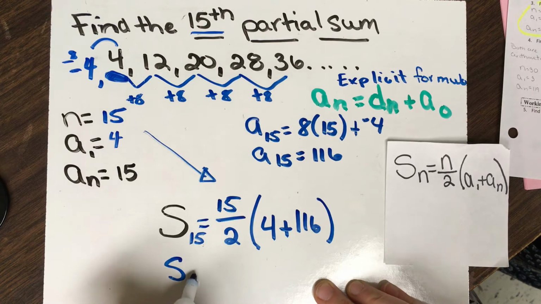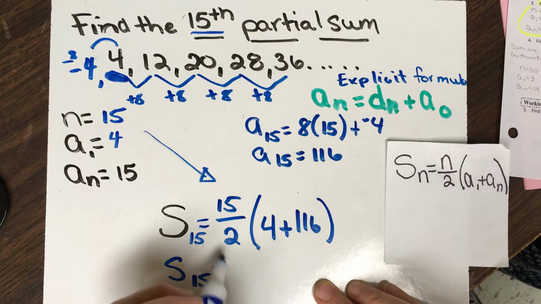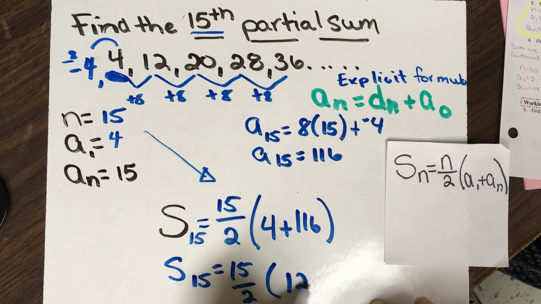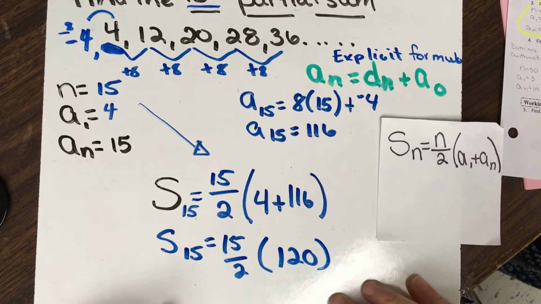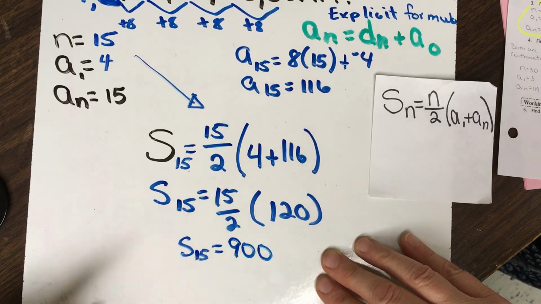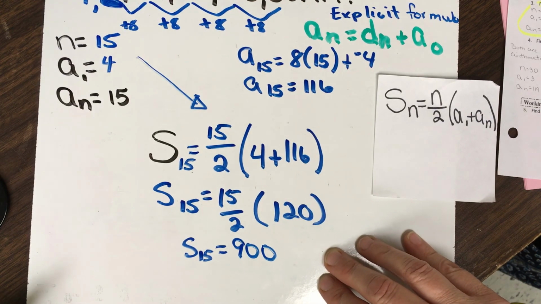So when you work these out, you're still left with 15 over 2, and this is 120. When you work this all the way out, you have S equals 900. All right, give it a try.